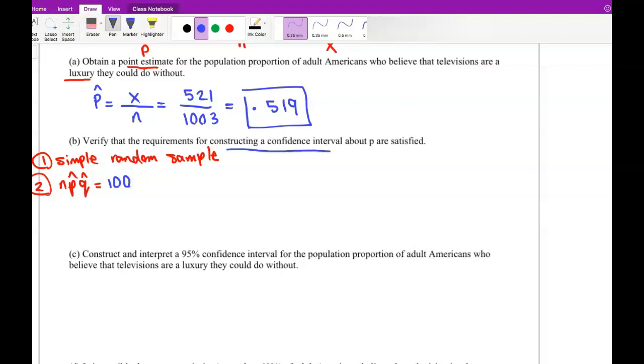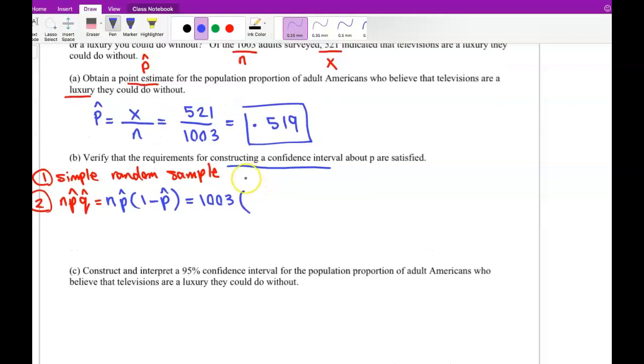Okay, let me write it this way. If in case you didn't have any information about q hat, that means q hat is 1 minus p hat. So that is n times p hat times 1 minus p hat. Now n is 1003, p hat is 0.519, and q hat is 1 minus 0.519.